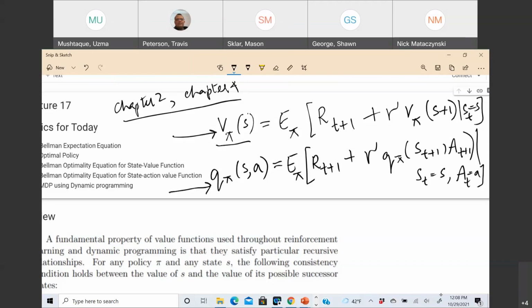So this is my value, and this is the expectation equation for my state action pair and my state value equation. Having said that, let's further try to understand this Bellman expectation equation for the state value function. The book talks about something known as a backup diagram for the state value function, which is the first one.